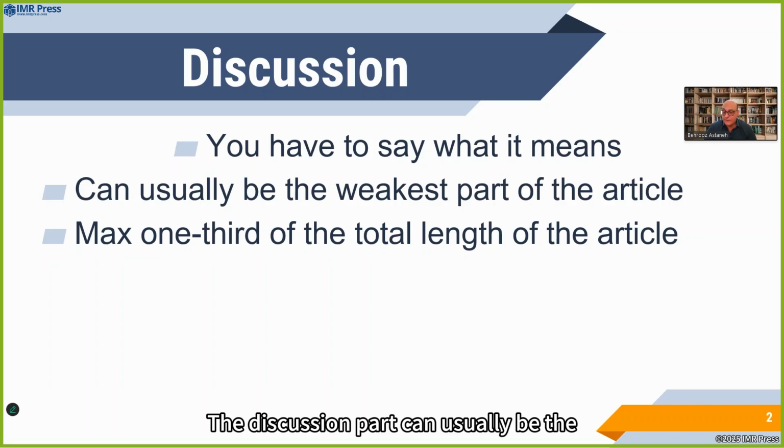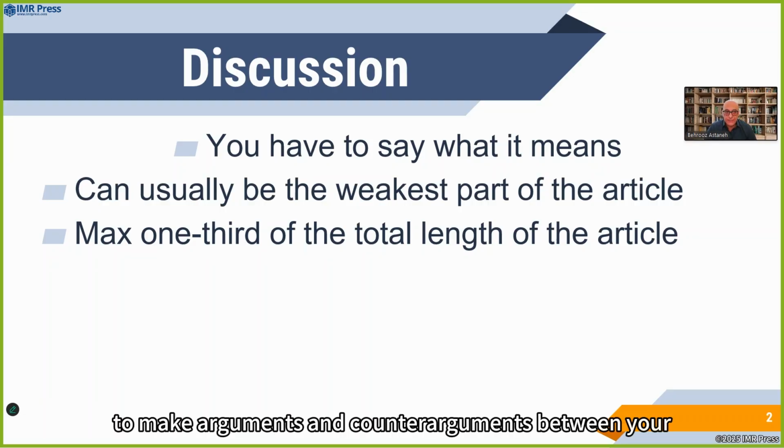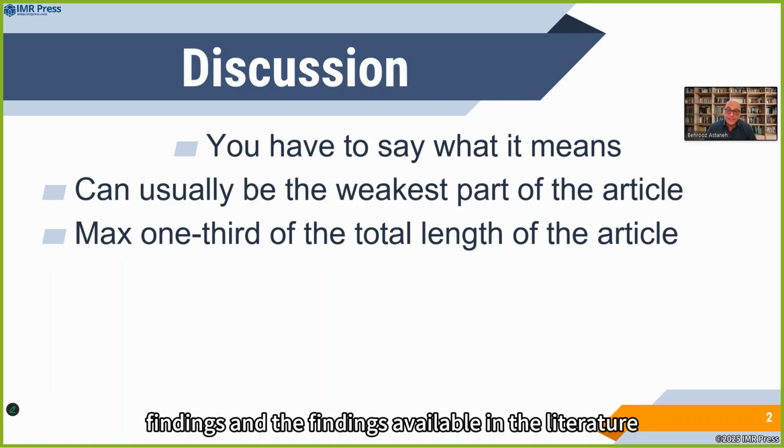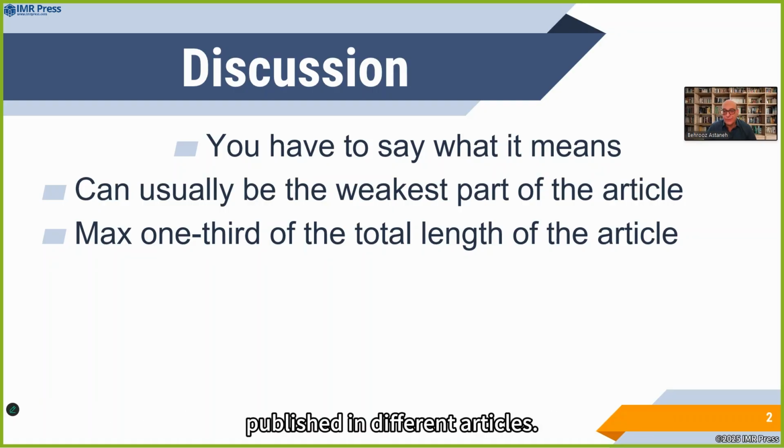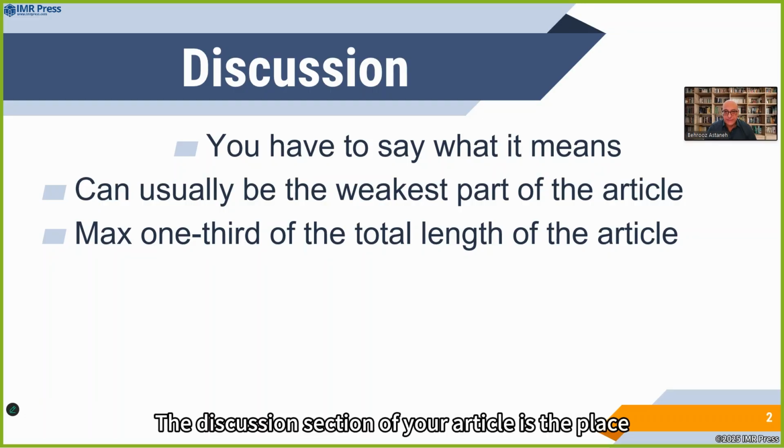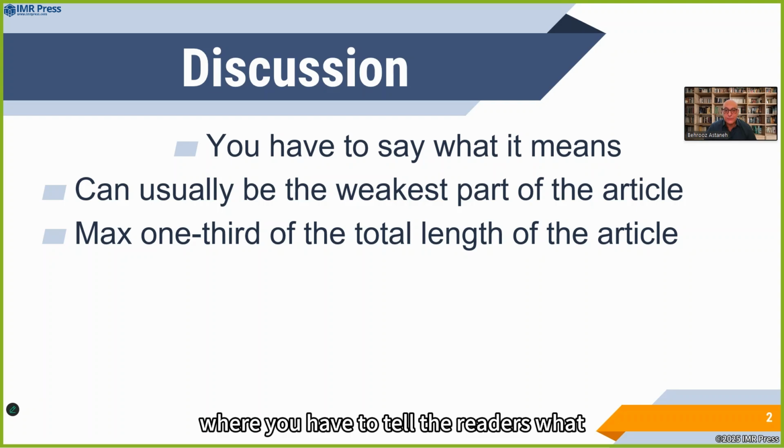Writing the discussion part can be usually the weakest part of the article because it needs to make argument and counter arguments between your findings and the findings available in the literature published in different articles. The discussion section of your article is the place where you have to tell the readers what your findings mean.